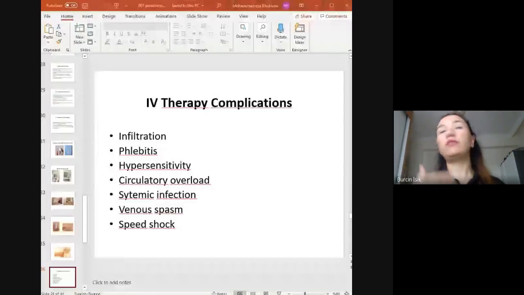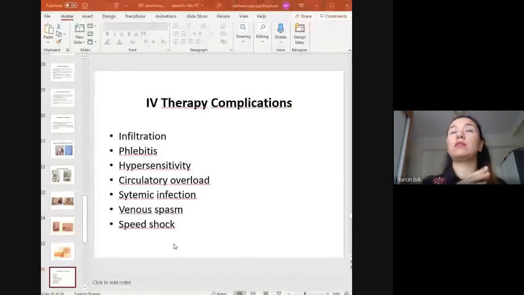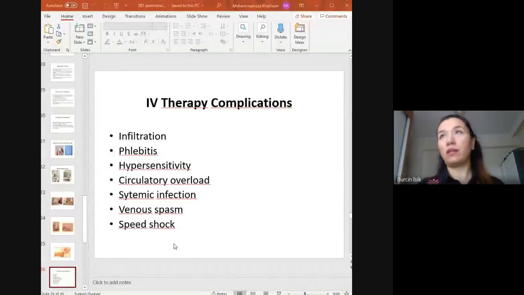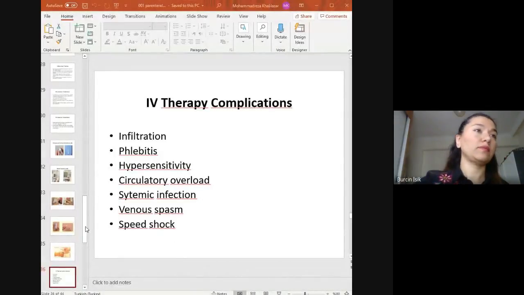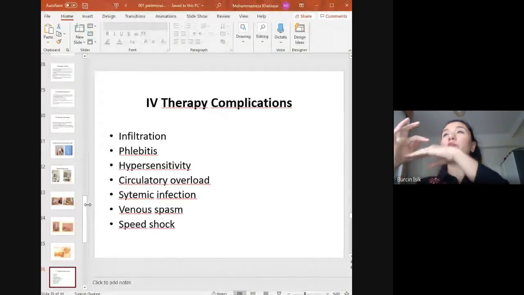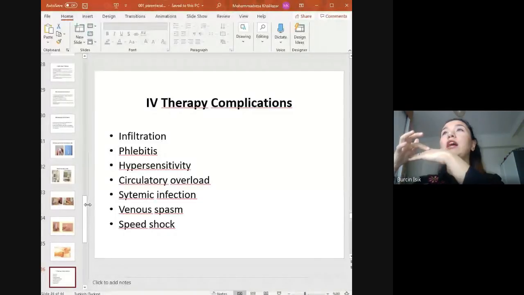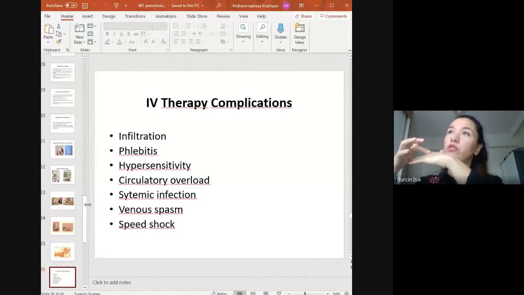And in this process, if any of the complications happen, you must stop, write it down, and change the place using another vein. And for example, I have a therapy in my hand. After 2 days, 3 days, you need to change that.